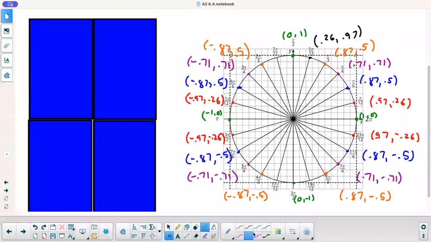And then the last one that we have, this is going to be a positive 0.26 and a negative 0.97. Negative 0.26, positive 0.97. And then down here, they're both negative.